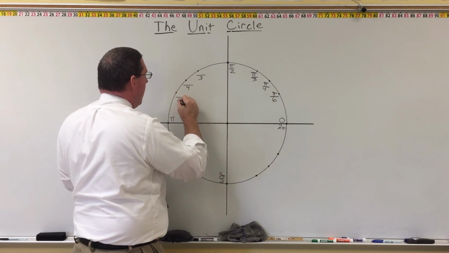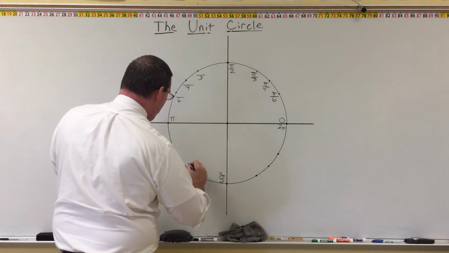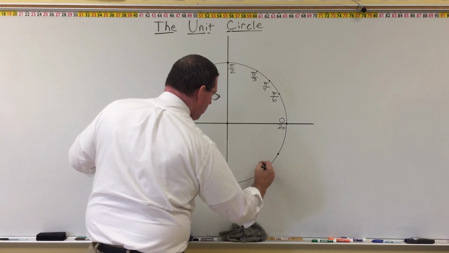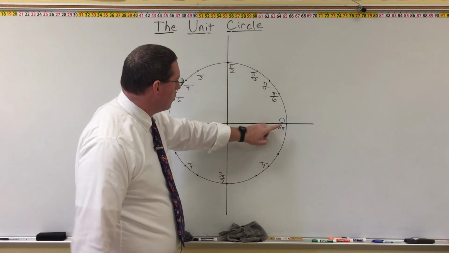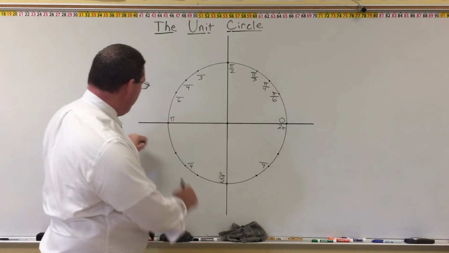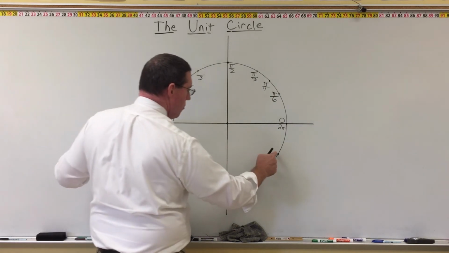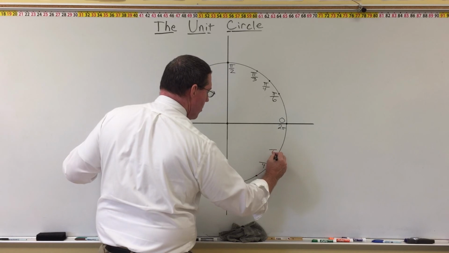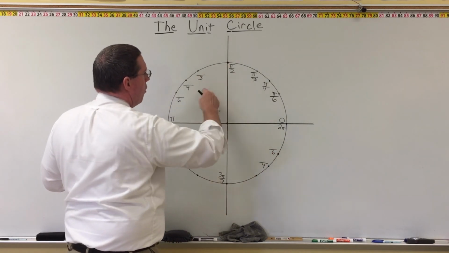In fact, what you're going to find is that all of the middle ones are all over 4. All of the middle ones are over 4. And the ones that are closer to the x-axis are all over 6. So this one is also an over 6. And this one right here is also an over 6.